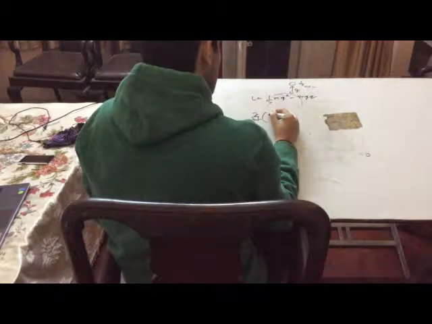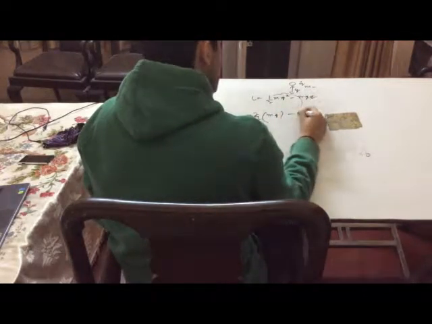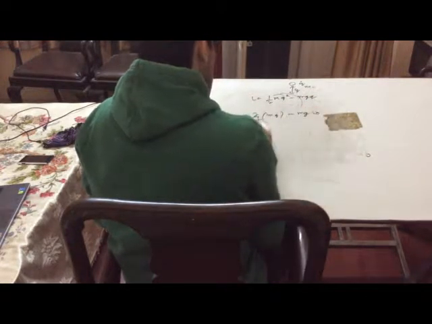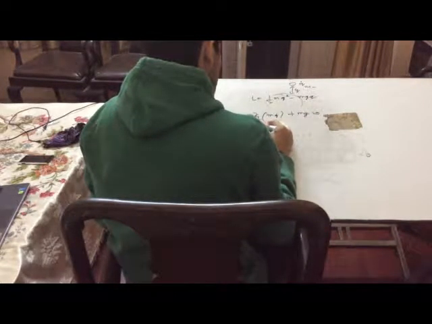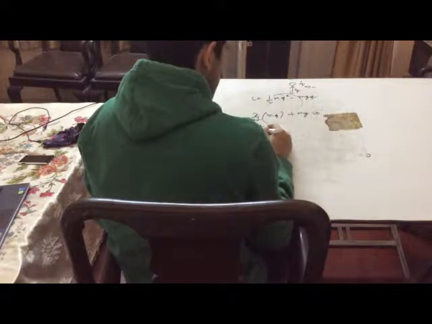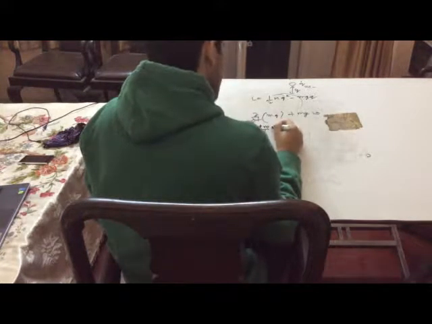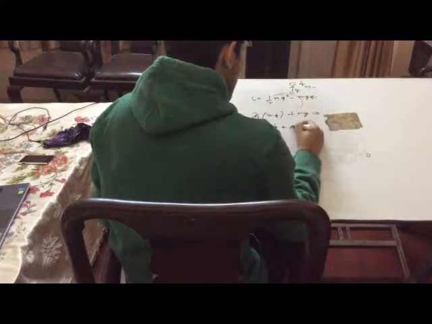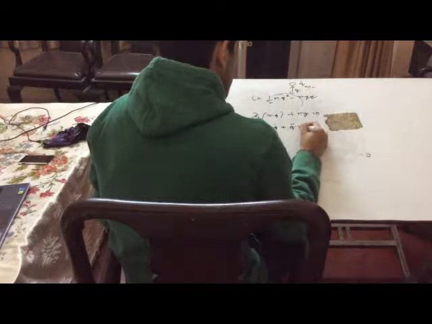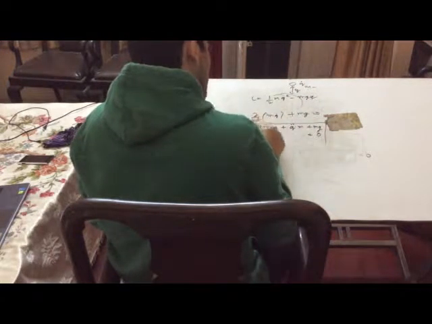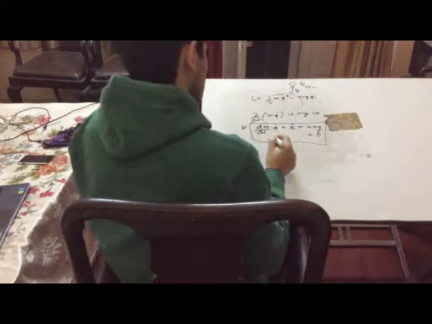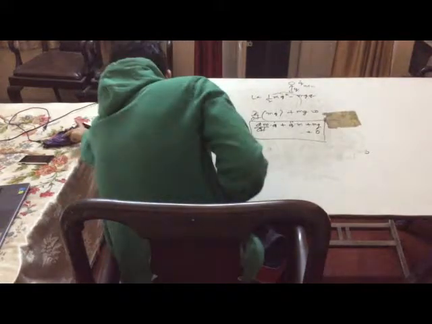So d by dt of m q dot minus mg equals 0, which implies, applying the product rule, dm by dt into q dot plus q double dot into m plus mg equals 0. So this is the equation of motion of the rocket.